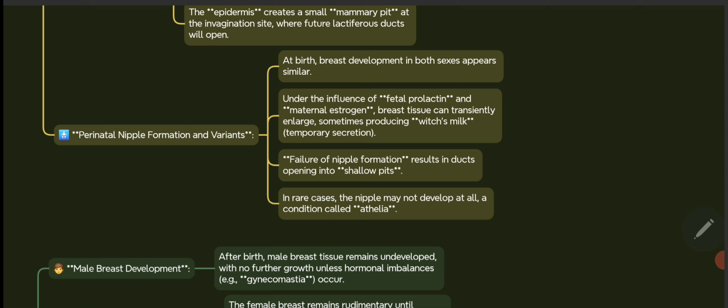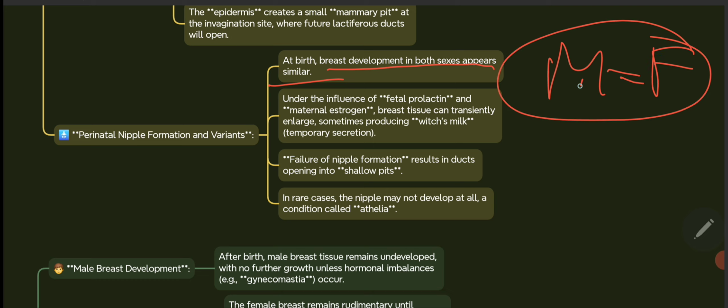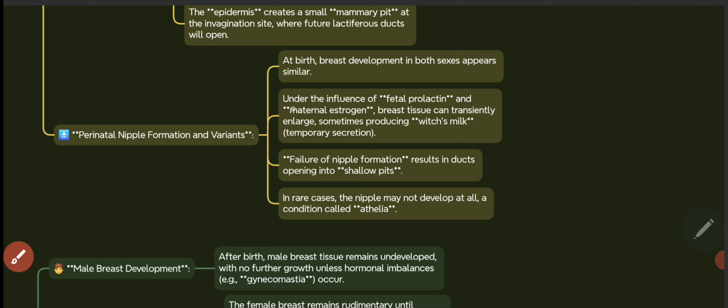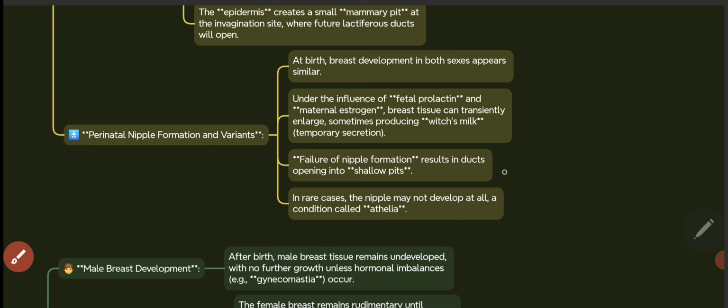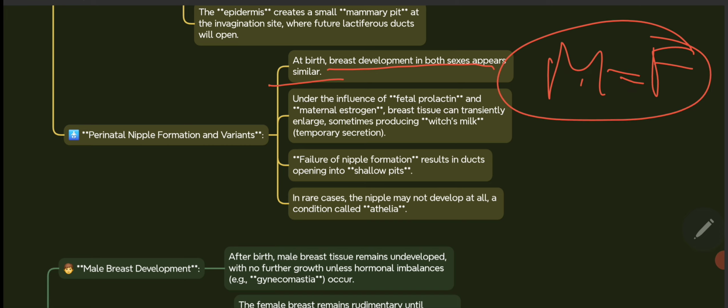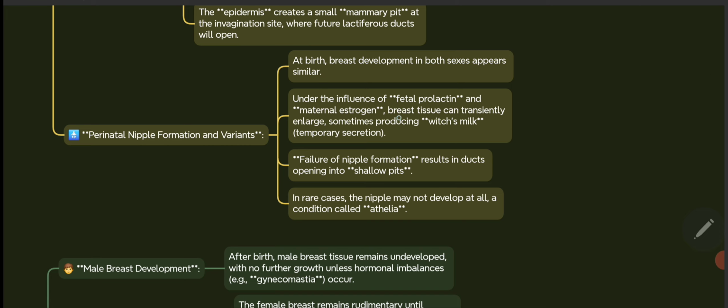At birth, the breast development in both sexes appears similar. Male and female at birth is equal. Under the influence of fetal prolactin and maternal estrogen, breast tissue can transiently enlarge, sometimes producing witch's milk.